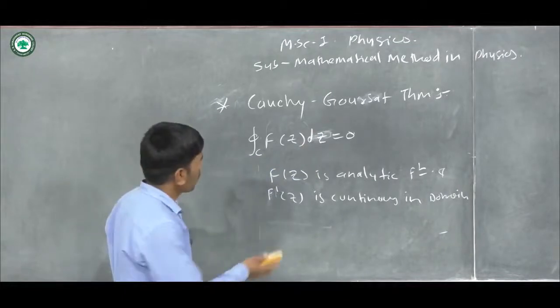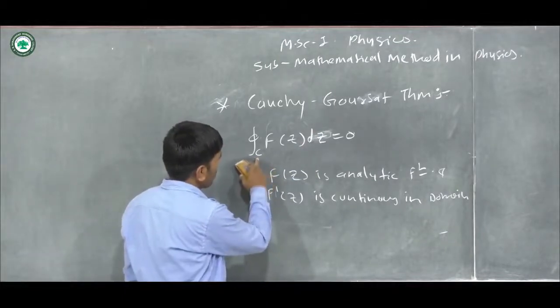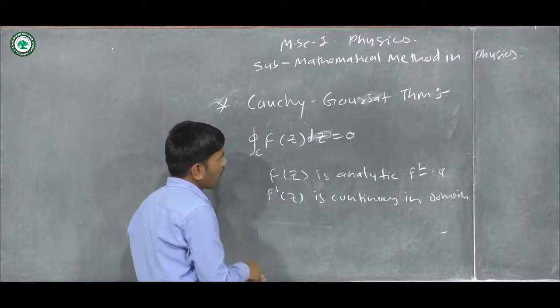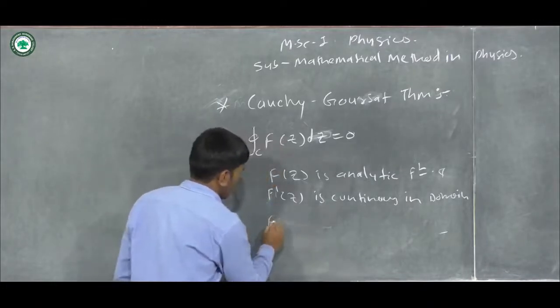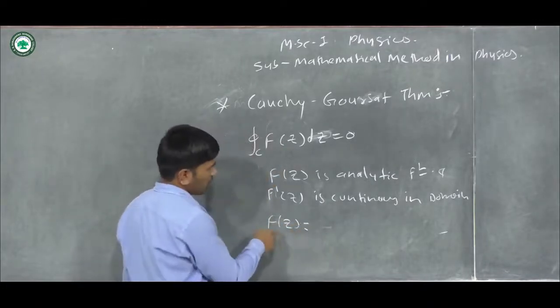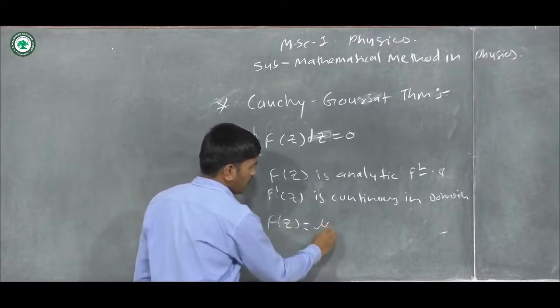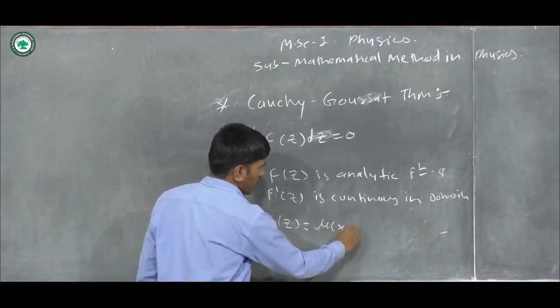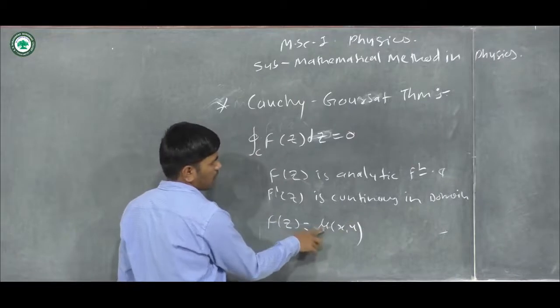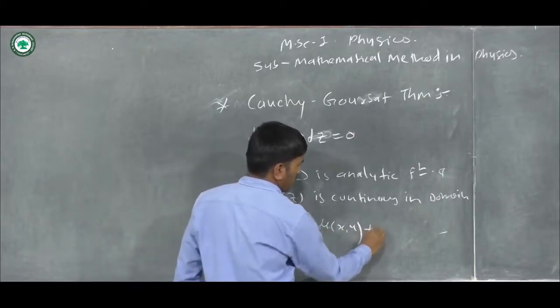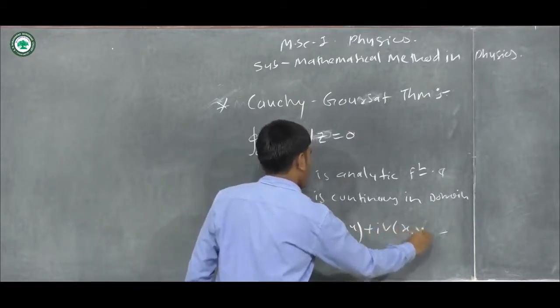For a closed curve, we know we can write f of z as u of x and y plus iota times v of x and y.